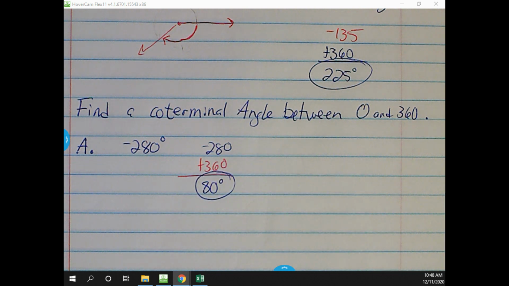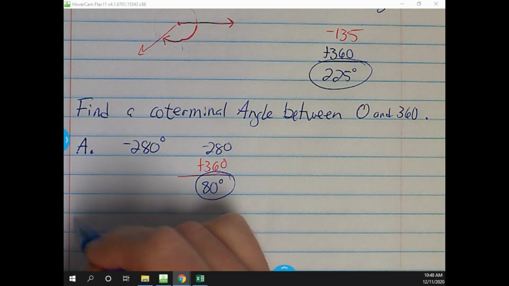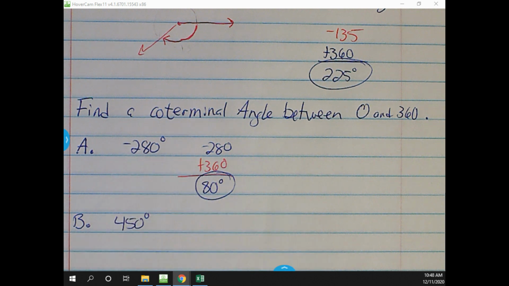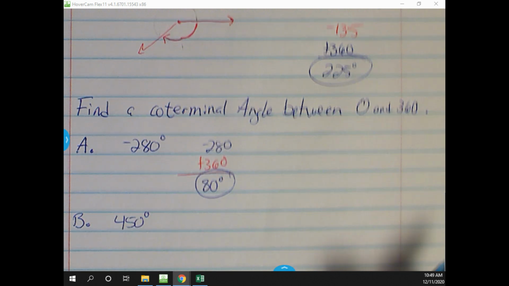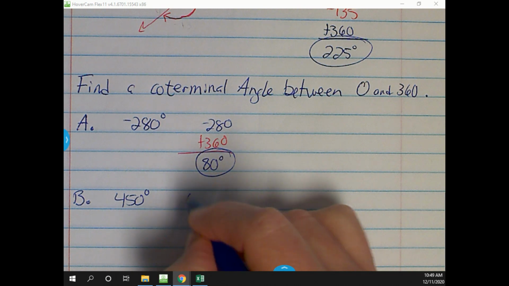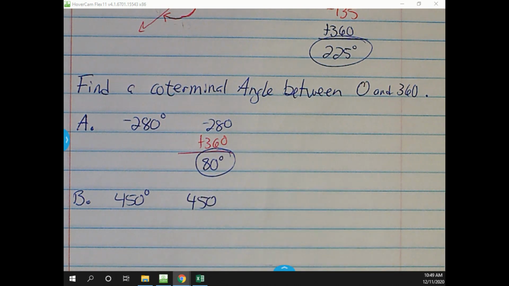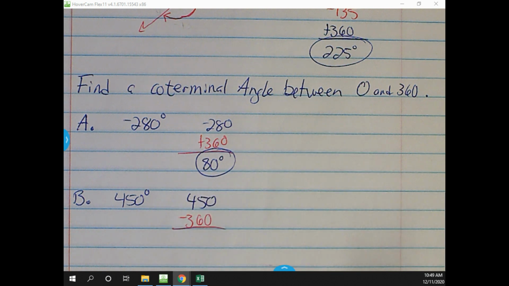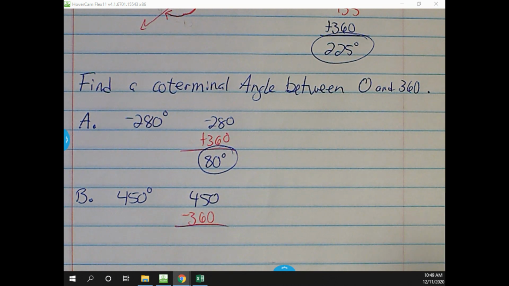There you go, 80 degrees. Okay, and if it's positive, take that number and subtract 360.